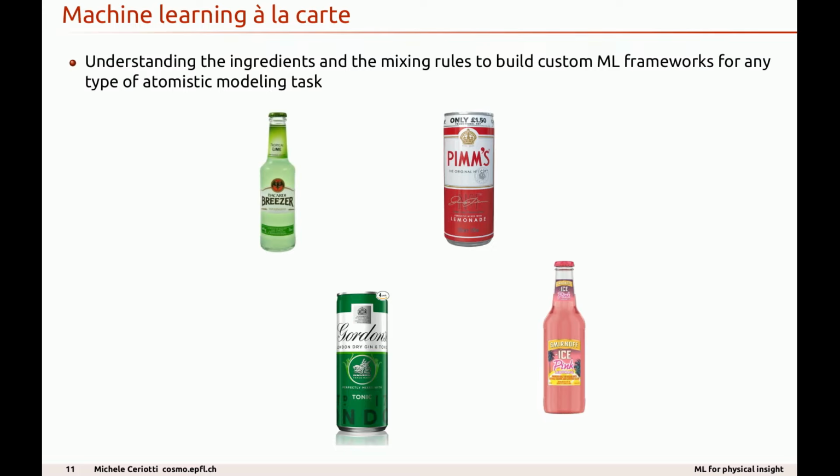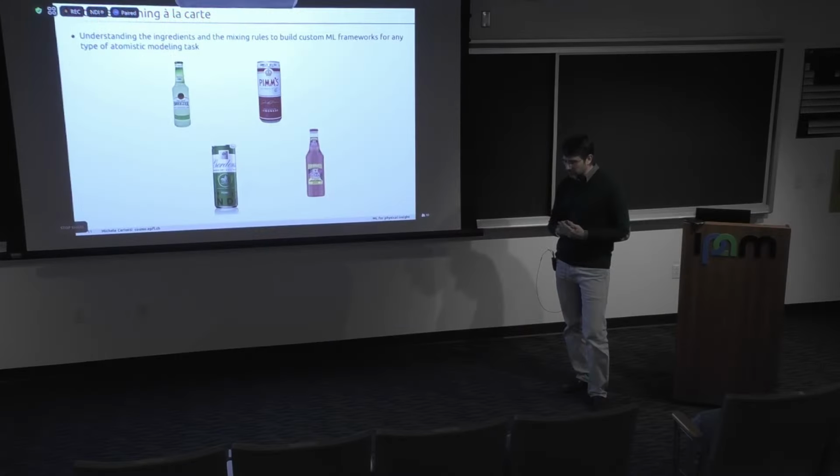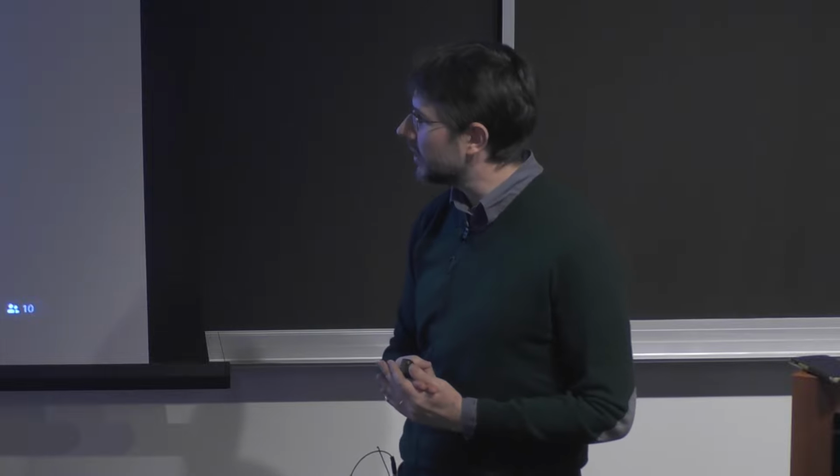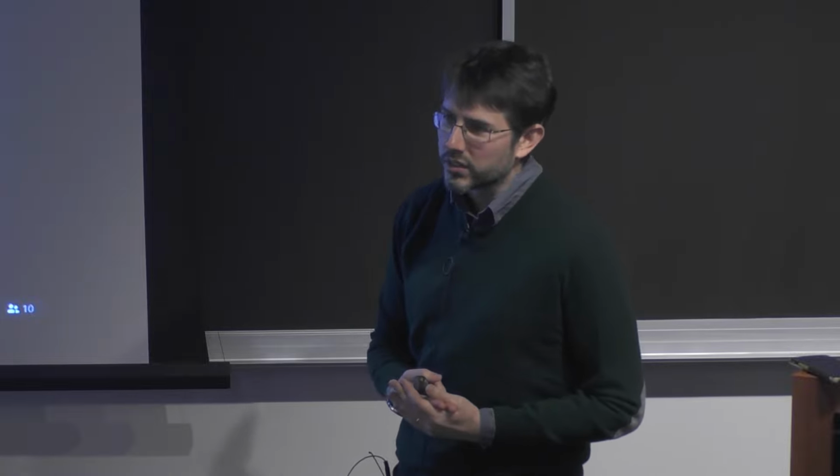So you might ask yourself, why are you doing this? Well, my impression at least is that a lot of the models that are appearing in this field are a little bit like pre-mixed drinks. So many choices have been made for you: the descriptor, the regression, the initialization, the data set, and you get something that works, no?